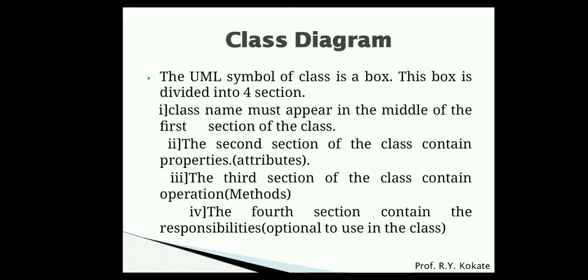Visibility means what? Public, private, protected. Third section contains the class operations, that means number of operations or methods with their argument list and return type. Fourth section contains the responsibility of the class. It is optional to use in the class.